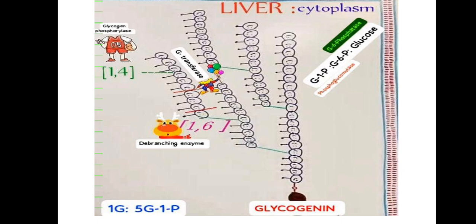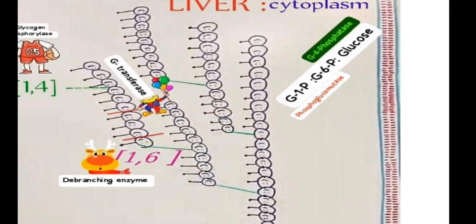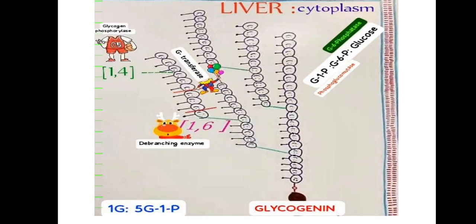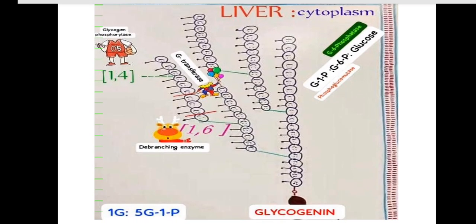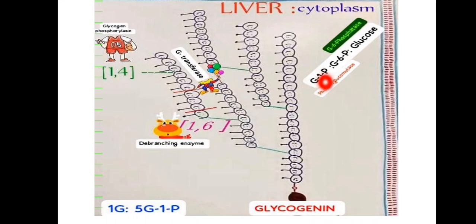So let's assume that our glycogen phosphorylase keeps on doing the same thing, releasing what we call glucose 1-phosphate. Let's now zoom in here. Let's assume we've got our glucose 1-phosphate already present in the cytoplasm. So how do we form glucose now?